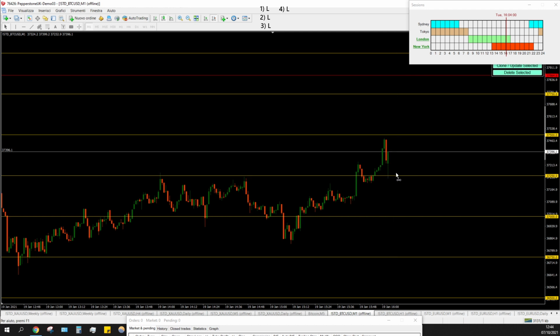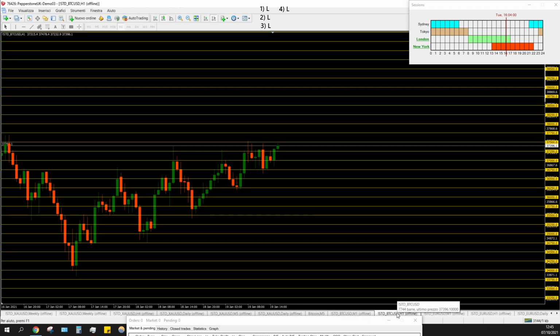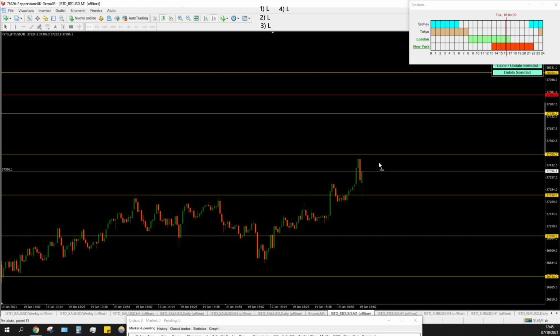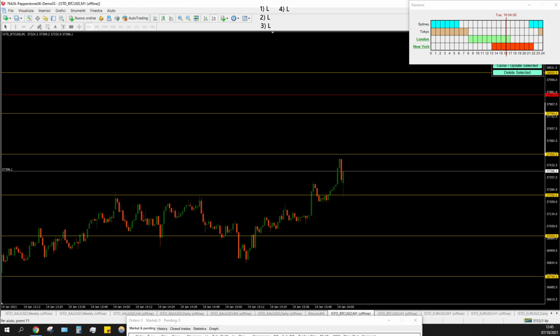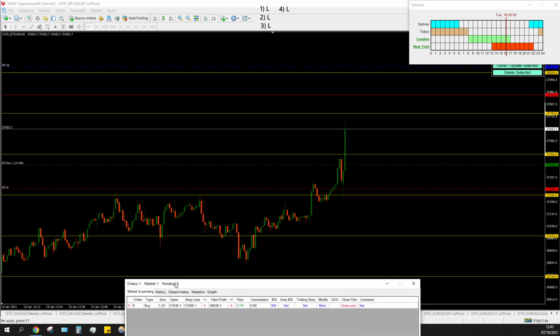This is interesting because it grabs liquidity, so it's a little bit more convincing. Is the new hourly time frame. Do we want to take the fifth loss? We might take it. Okay, let's see.